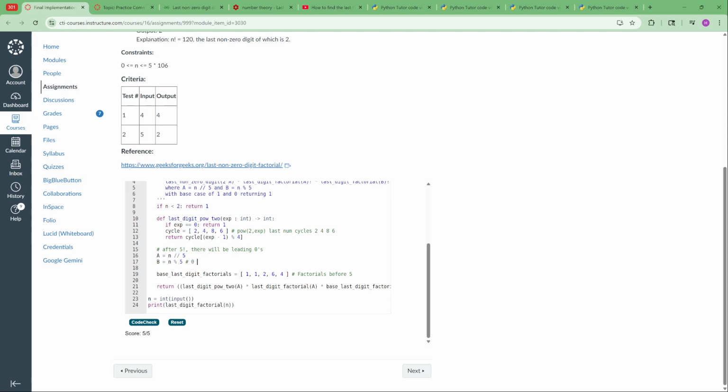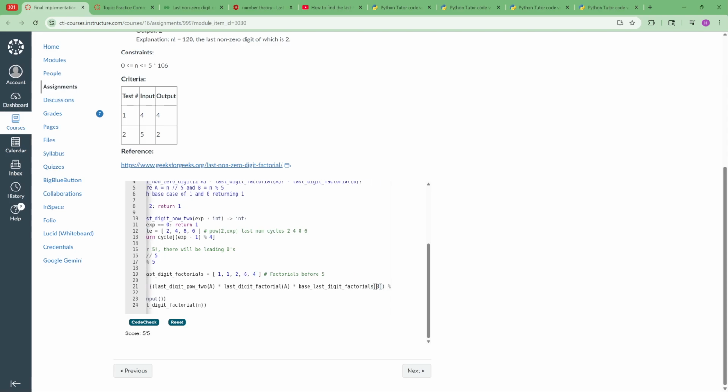It's going to go from 0, 1, 2, 3, or 4. Those are the 5 possibilities it can be. Because of that, we could just store those last digits in a small list, and then easily access it with the index.